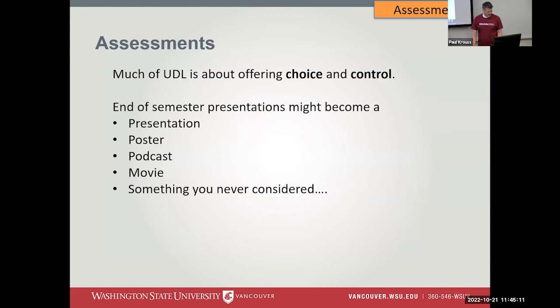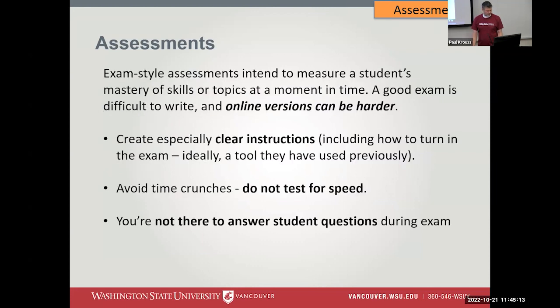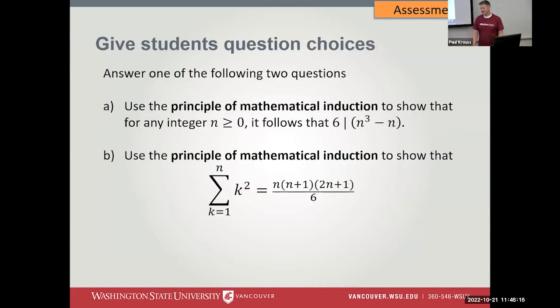So I'm going to pass over all those things because lunch is coming, and oh, there was my little bit of math. I'm sad to leave it, but I'll just say this. If you're giving a test in terms of student choice, especially an online test where you're not there to answer questions, maybe just give two questions that test the same thing. I'm testing if they can write a proof using the principle of mathematical induction, and I don't care if they're familiar with divisibility in the first example or summations in the second example.